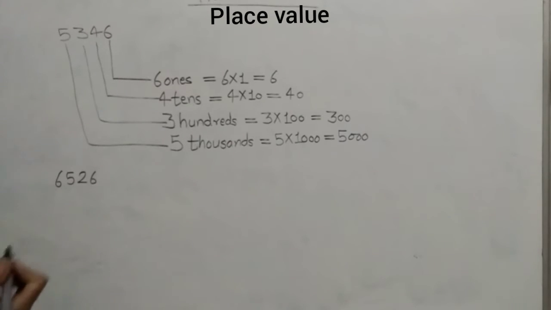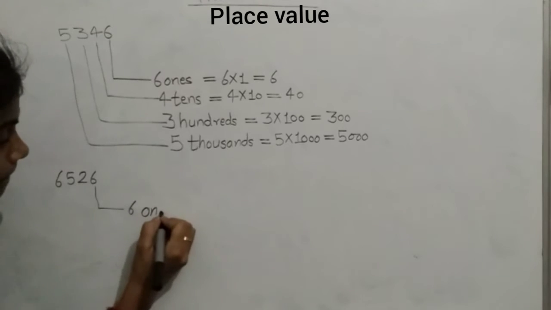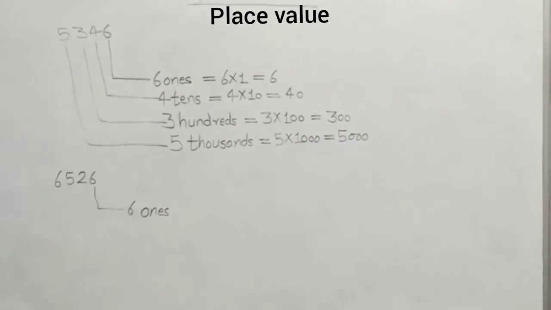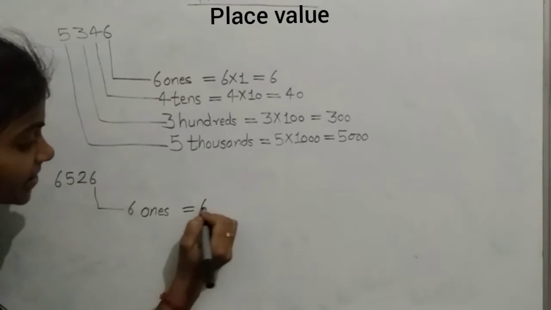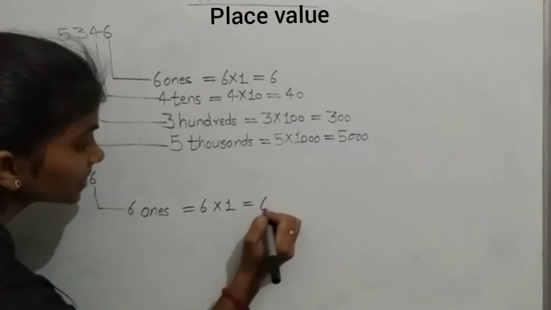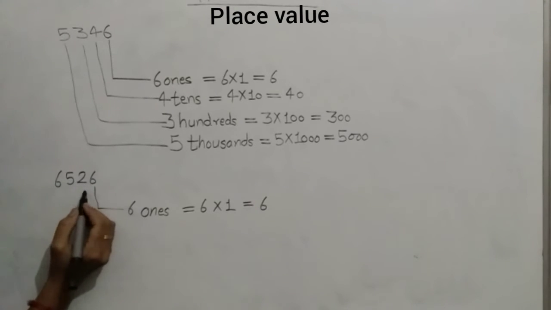So we will write 6 ones and it can be written as 6 multiplied by 1. This is equal to 6.